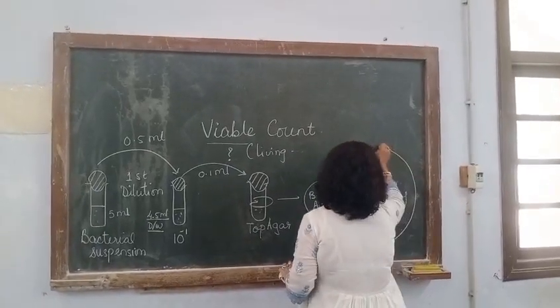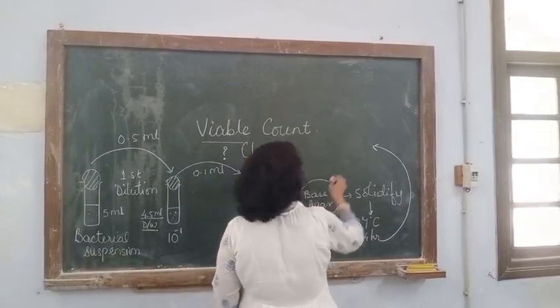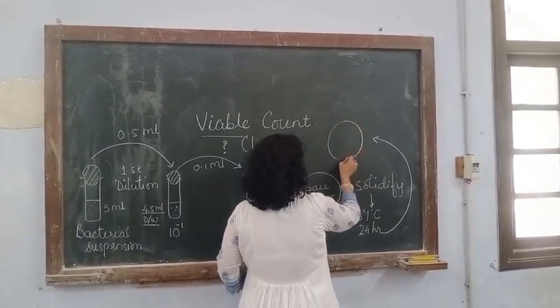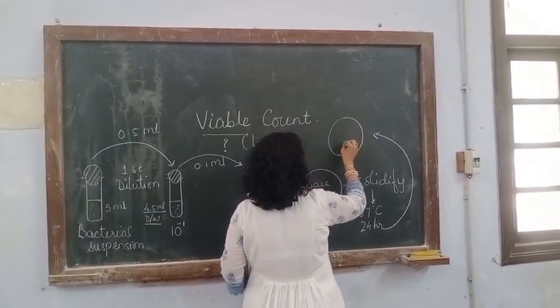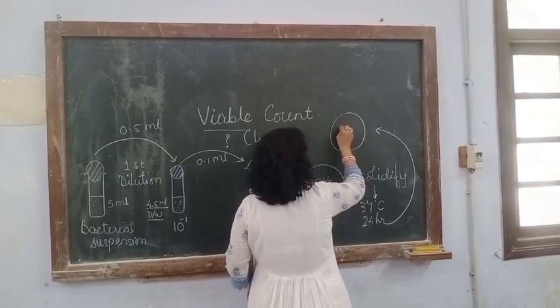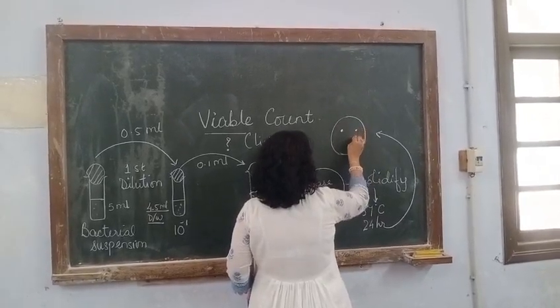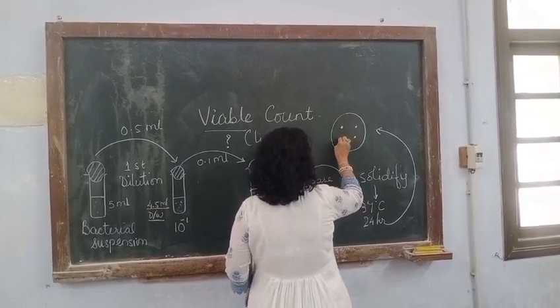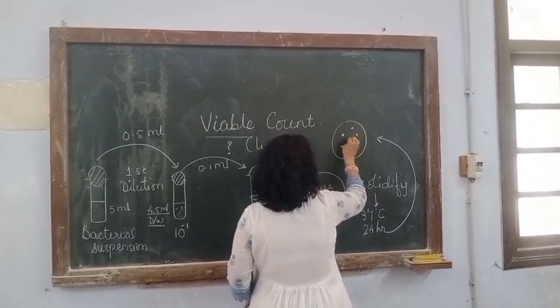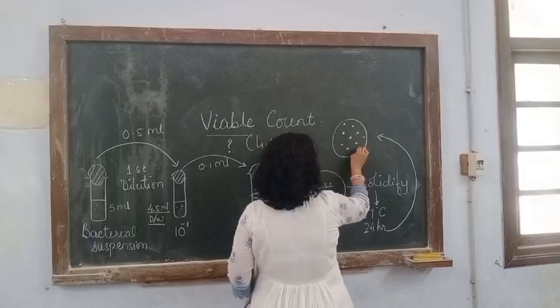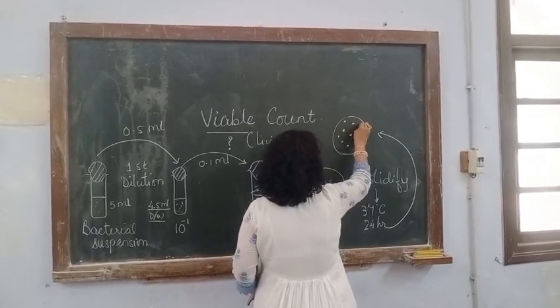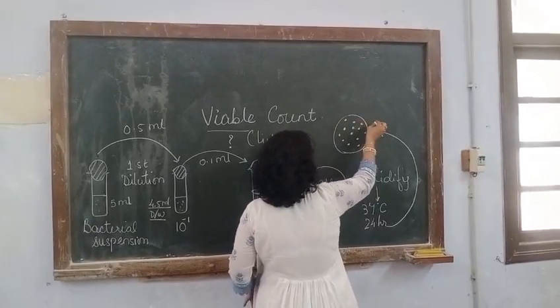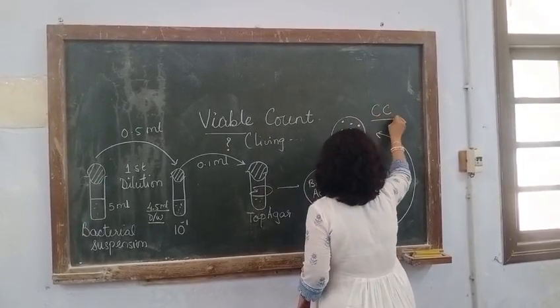So on the next day, our result will be like this. This is our agar plate, and here you can see very nicely the separated colonies like this. You are able to count these colonies properly with your naked eye, and if you require some aid, then you can also go for a colony counter machine.